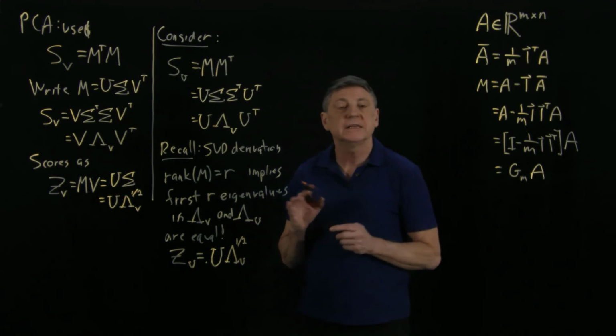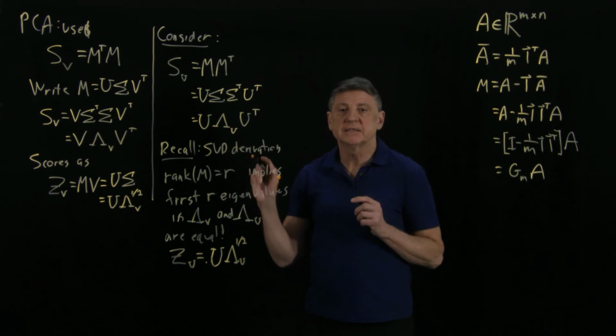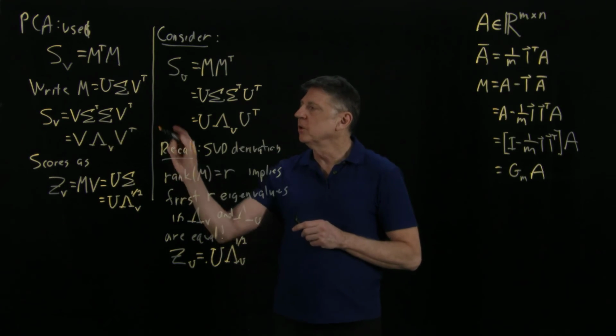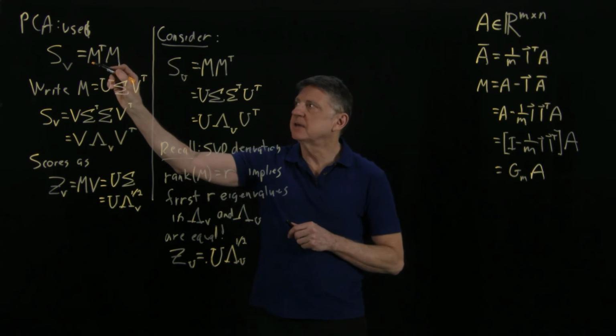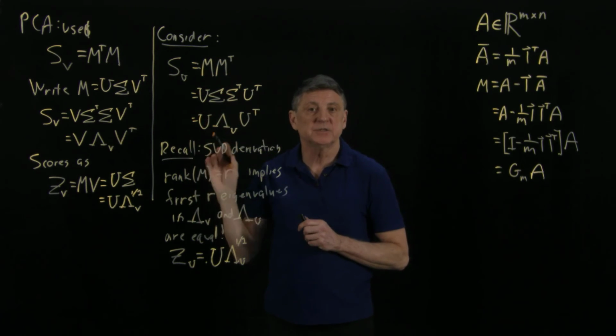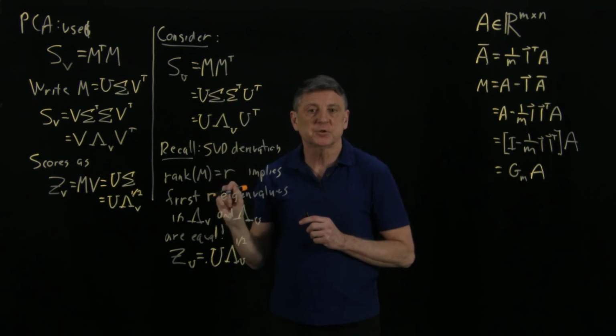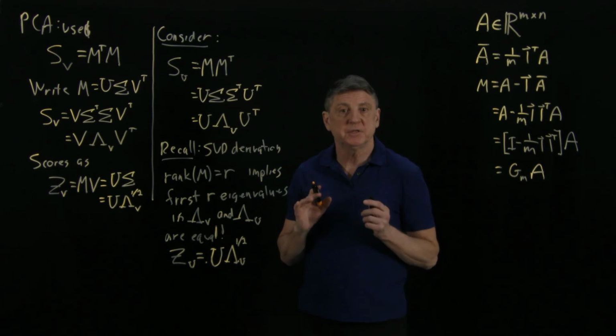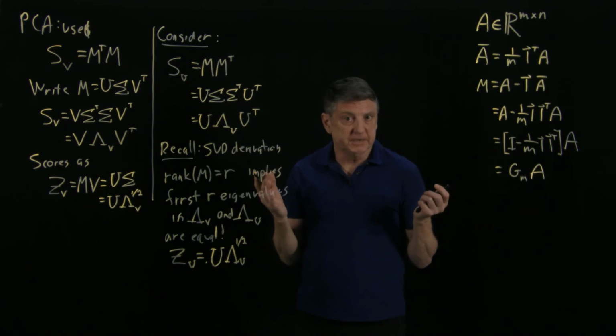And so these have to be the same. It doesn't matter whether we use the variable style scatter matrix or the observation style scatter matrix. Because for those scatter matrices, the first R eigenvalues are the same, the scores that we get have to be the same. Now, what's the difference in them?